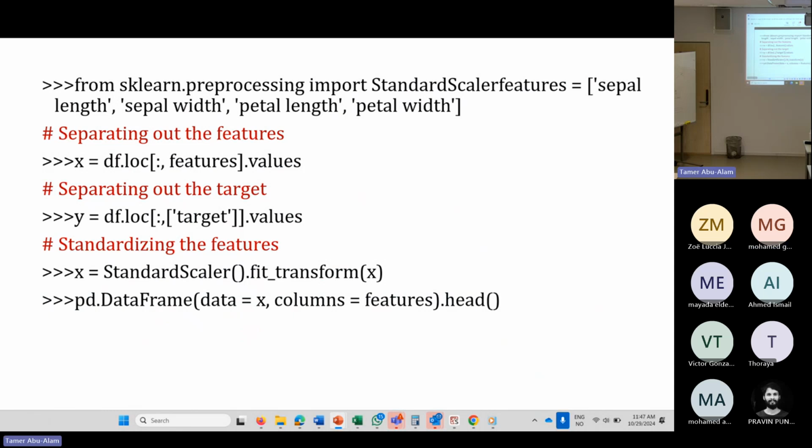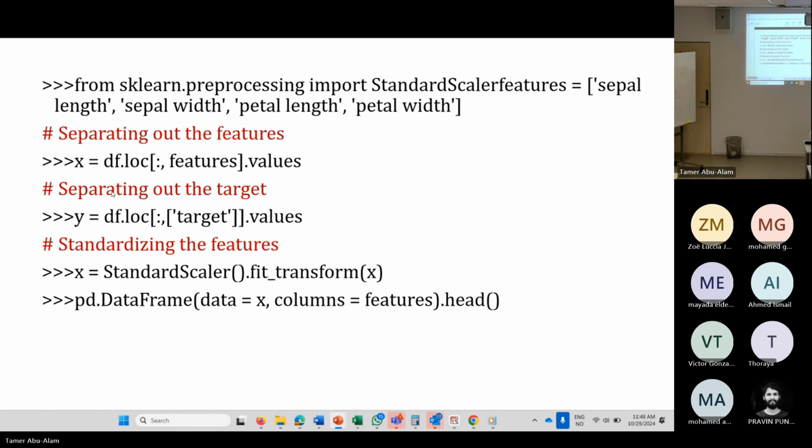Here is the code to standardize, to scale down or scale up the variables. From sklearn, we import the StandardScaler feature, and we need to scale down these 4 or 5 features.